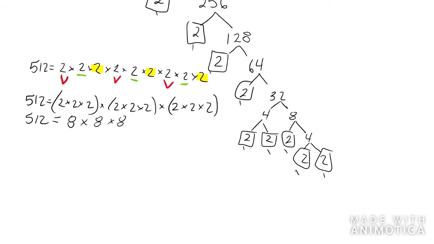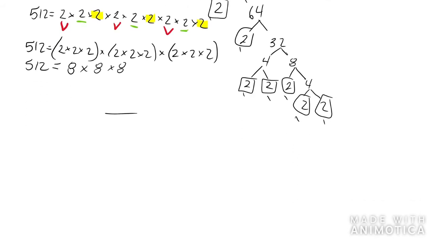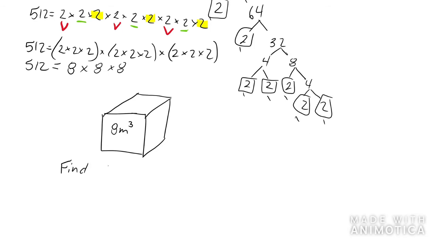So this helps you if you're given a cube and you're told that the entire volume is 8 meters cubed, and you're asked to find the side length. Okay, so what we need to do is we need to find the cube root of 8.